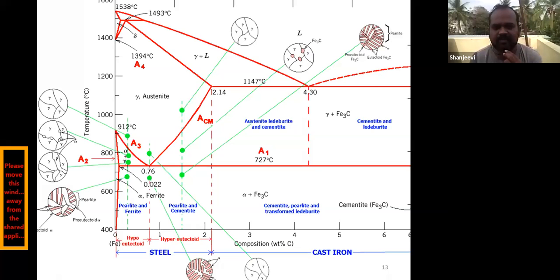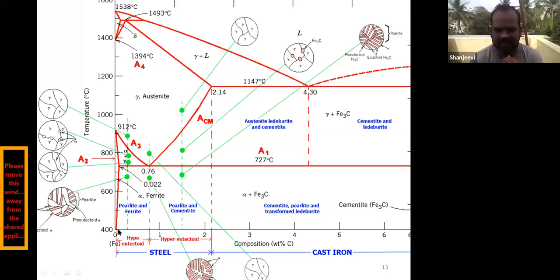Of course, this is natural, but you have to remember why steel is harder and why cast iron is harder. When carbon keeps on increasing continuously, automatically the hardness increases. When carbon content keeps decreasing, then the metal is a soft material.